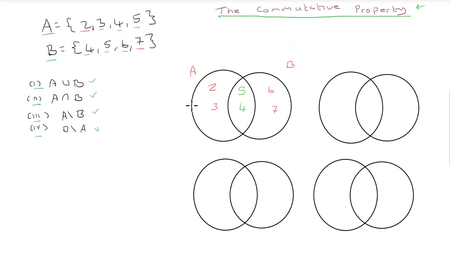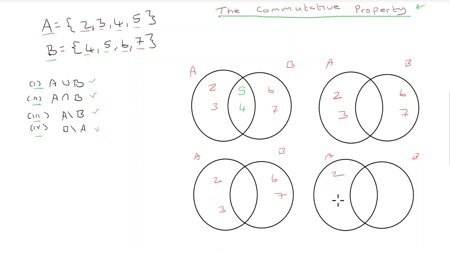Okay, and we can do the same for the rest of these as well. So this will be A and B, A and B, A and B, and we can just replicate this. So 6, 7, 2 and 3, 2, 3, 6, 7.